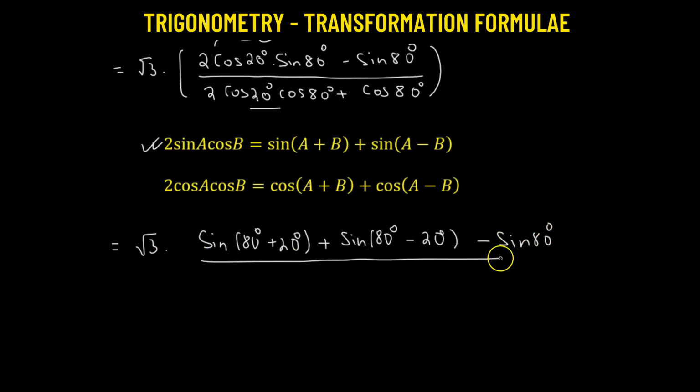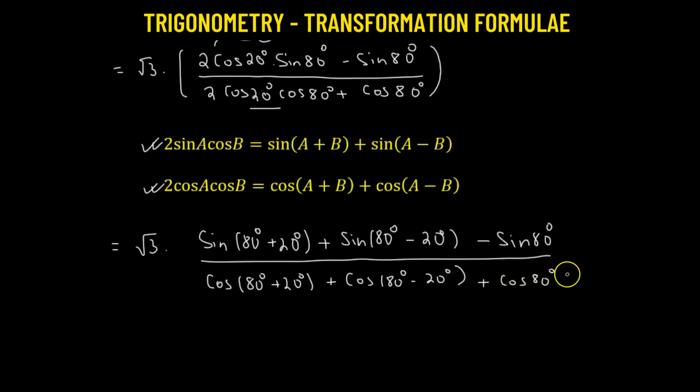Whole divided by, so in the denominator we have 2 cosine 20 cosine 80, so we're going to apply this formula. So we should get cosine of 80 degrees plus 20 degrees plus cosine of 80 degrees minus 20 degrees plus cosine of 80 degrees. Fine.